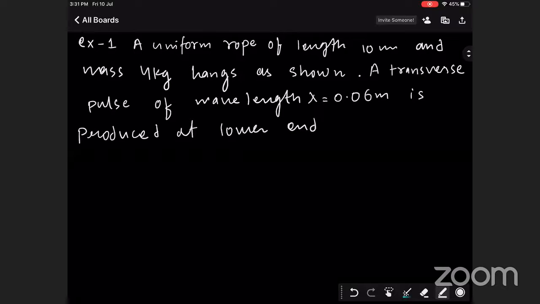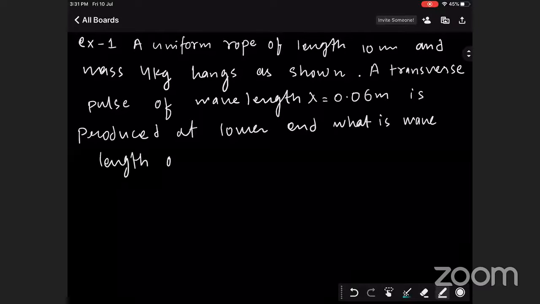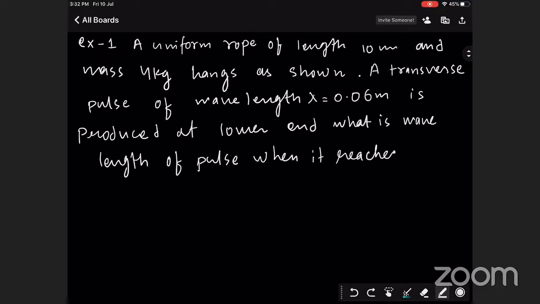What is the wavelength of the pulse when it reaches the top?